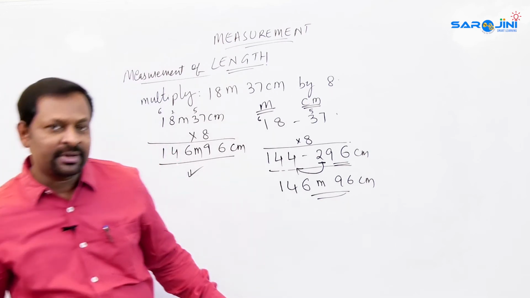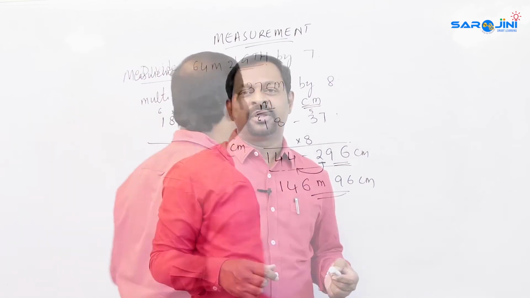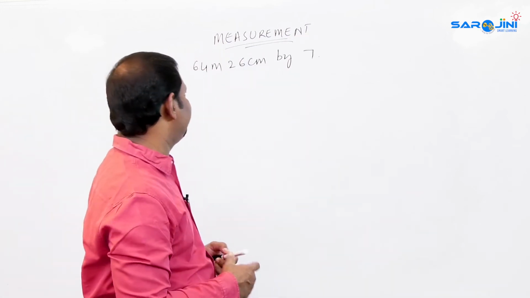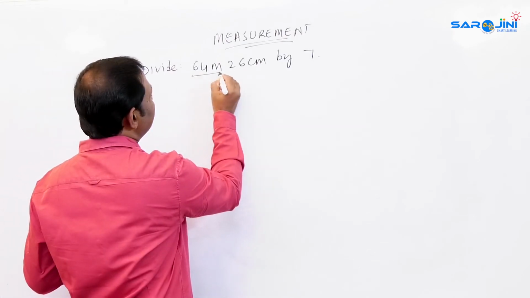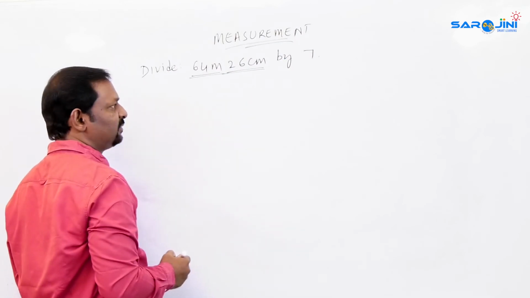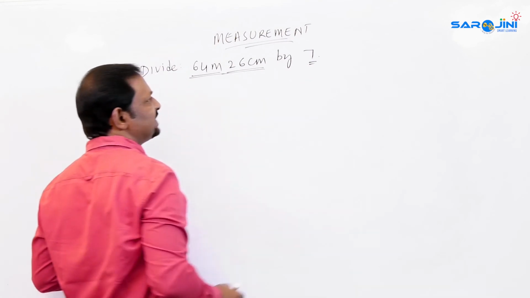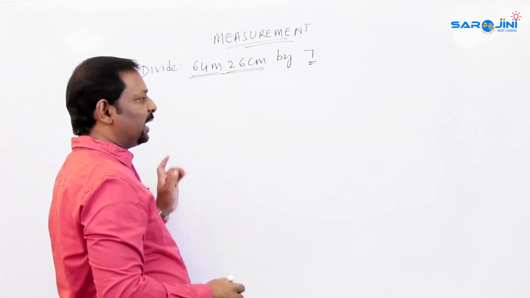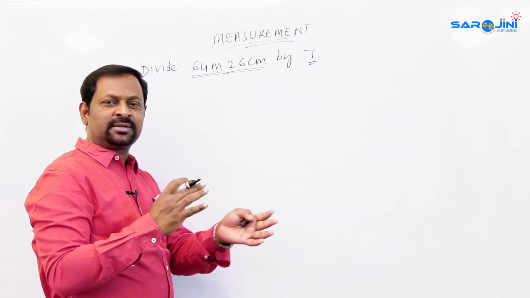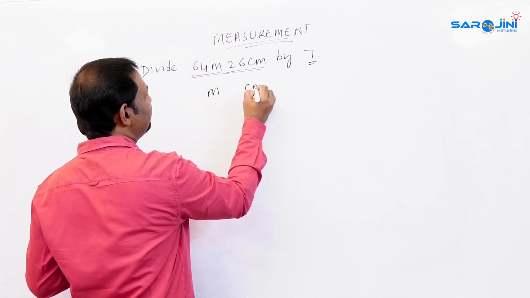Now I'm going to give some examples on division sums. I gave an example like 64 meters 26 centimeters as the given length, and it is divided by 7. As I told, make the separate form like meters and centimeters.